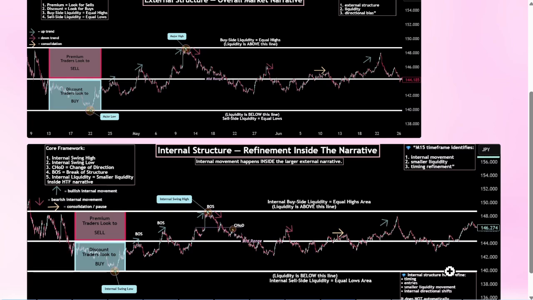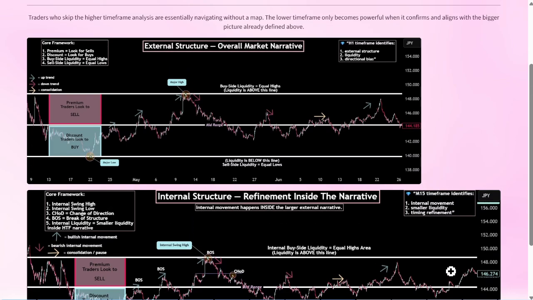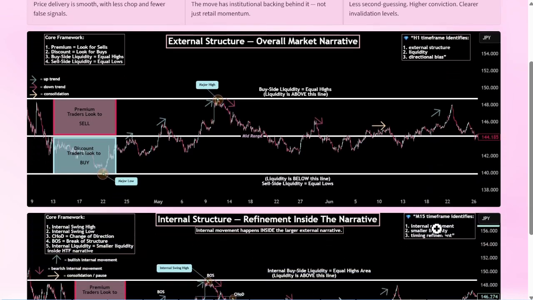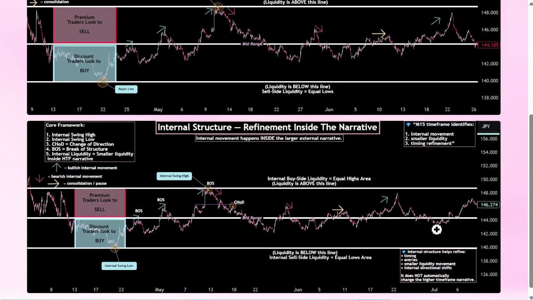Okay? So the number one thing is that you want both time frames to be aligned so that their movement becomes cleaner, stronger, and easier to execute. And when it finally aligns, same chart too, okay? Like I just said, it is cleaner.